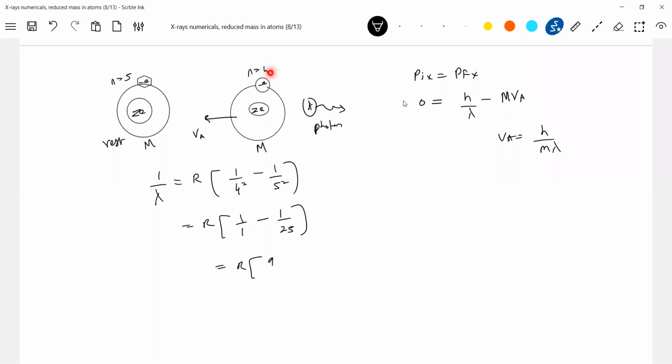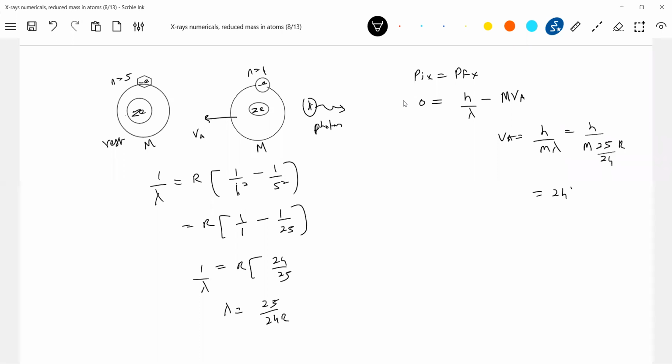Let me make it n equal to 1, calculations will be easier. Let it jump to n equal to 1. So this will become 24 by 25. So lambda is equal to 25 by 24R. That value I'll substitute here: h by mass of the atom, lambda is 25 by 24R.